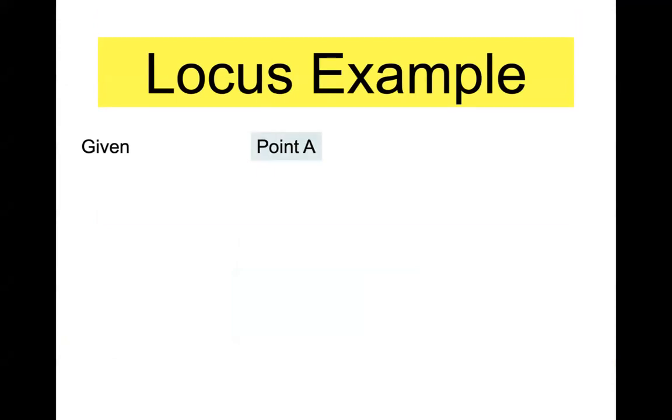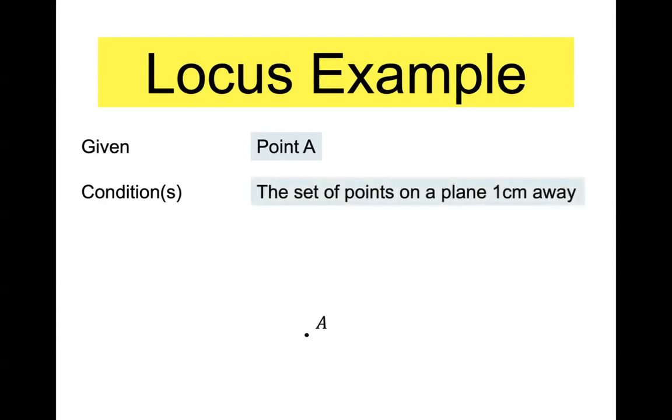Now, formally, you did the homework last night, so usually you don't literally break it down into given and conditions, but you will be given a set of instructions of how to start the problem. For instance, you're given point A is the start. Then you'll either be given a condition for a locus problem or a set of conditions for a loci problem. So this particular one's a locus, so you're going to get one condition.